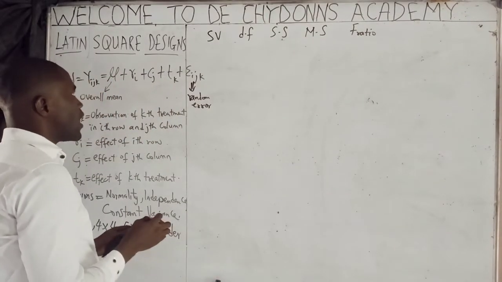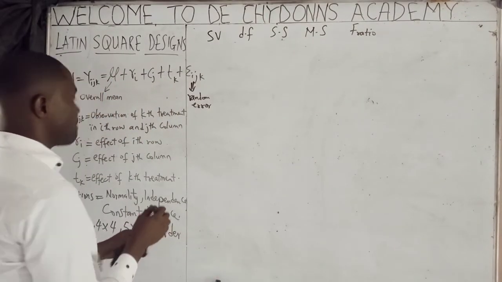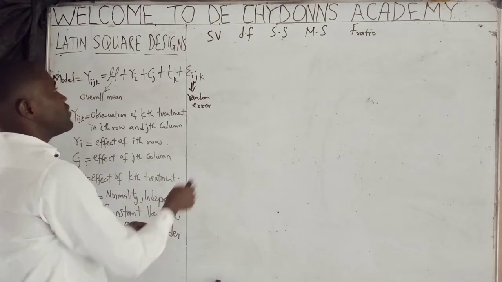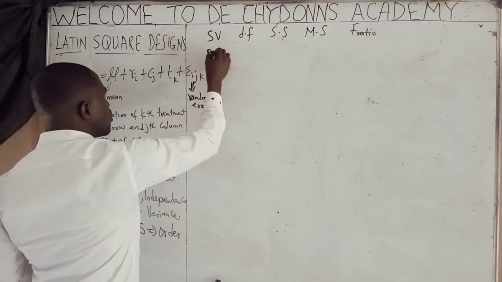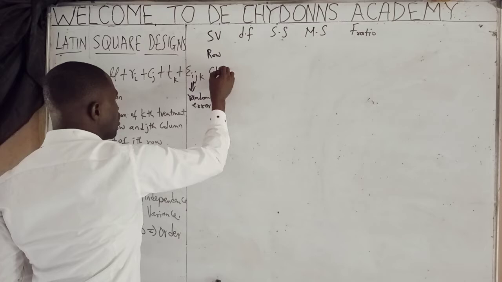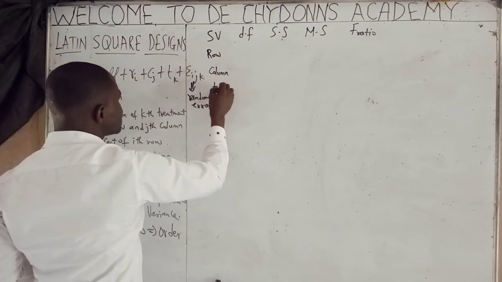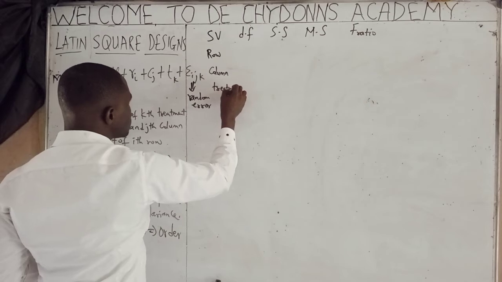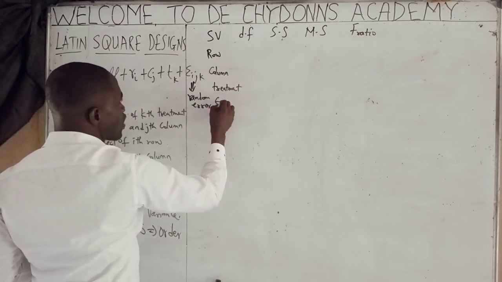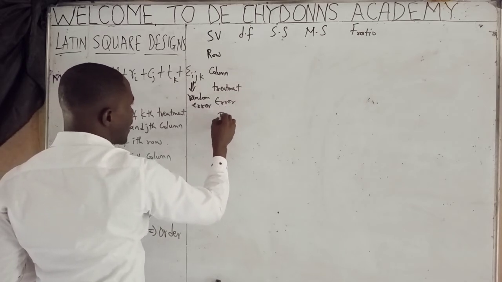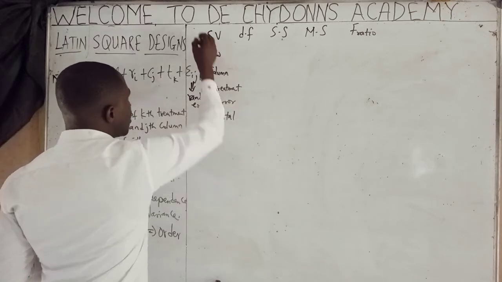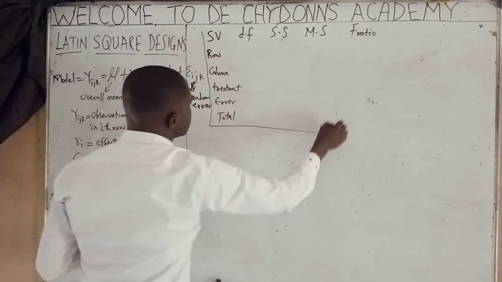Under source of variation, the first thing you will have there is row, next one column, next one treatment, next one error, and next one total. So we'll package it in a table.